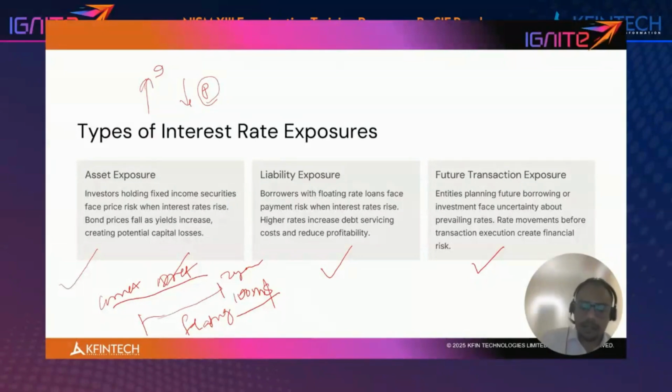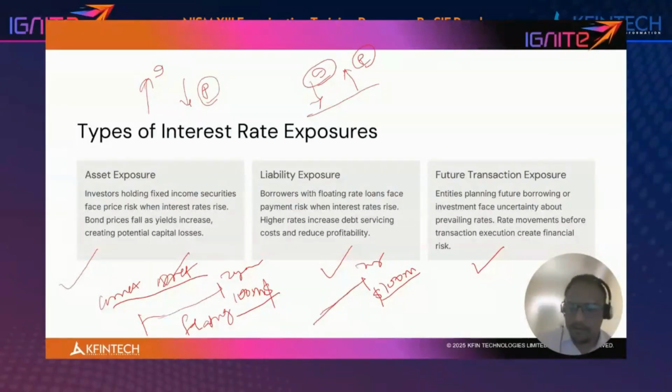Similarly, liability: suppose there's a liability maturing in 2 years with a 100 million maturity, again floating. Here I'm worried that the interest rates will go down and I might have to pay a larger sum for the bond. So here I might lock in the rate. Future transaction exposure is what we saw in the previous slide.